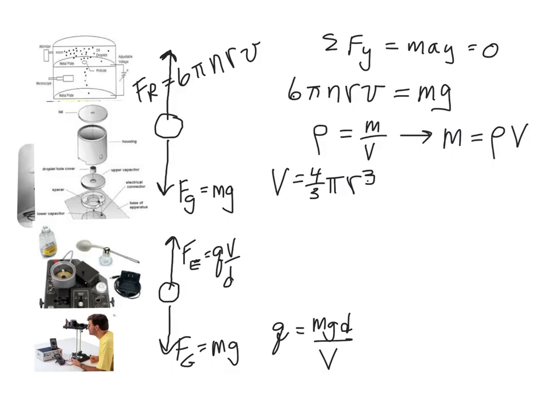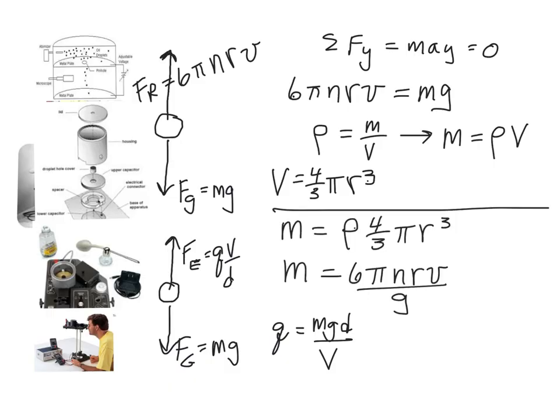And once we have the radius of the drop, we can calculate the volume and get the mass. So it's better to do it in 2 steps. So see if you can eliminate m from these 2 equations and 2 unknowns, r and m. Eliminate m and solve for r. Try to do that.